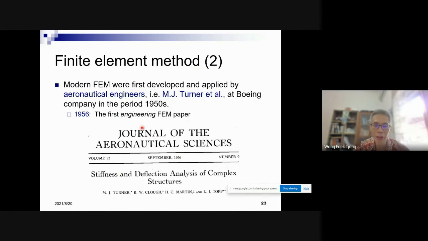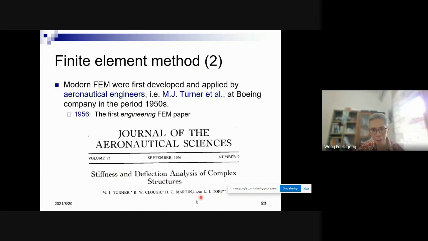Okay, let's talk a little bit about the history of this method. Modern FEM was first developed and applied by aeronautical engineers, Mr. Turner et al. and his colleagues. Who are his colleagues here? Professor Clough, Martin, and Topp.